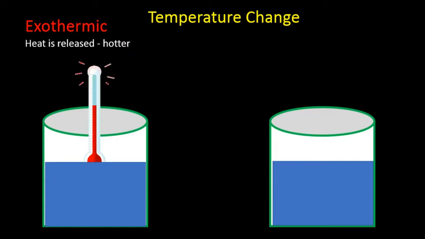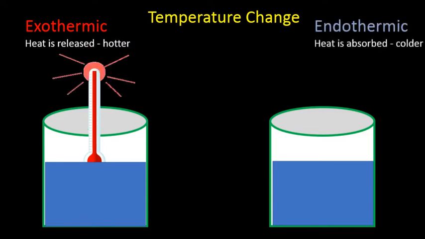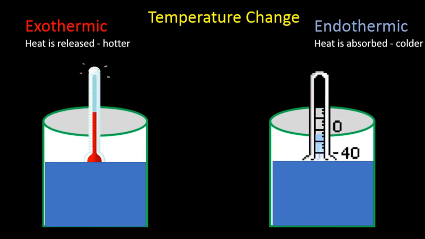So exothermic, it's creating and releasing heat, and so the substance is becoming hotter. The other type of temperature change is called endothermic, and here the heat is absorbed and it's getting colder. So it's taking away heat, and it's making it colder. And so you can see the thermometer and the temperature drop in the animation there.